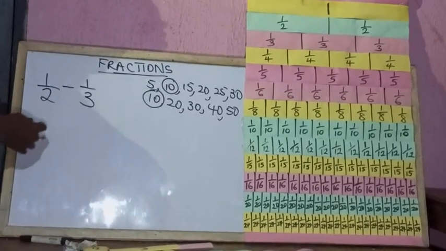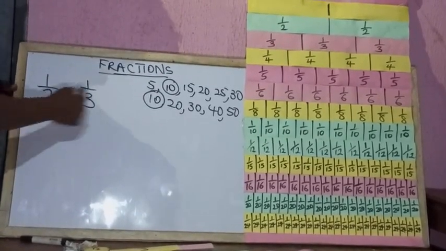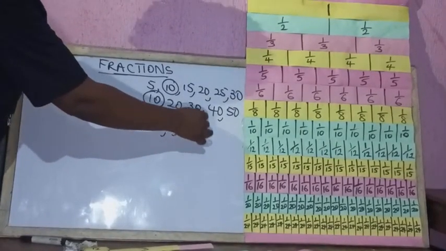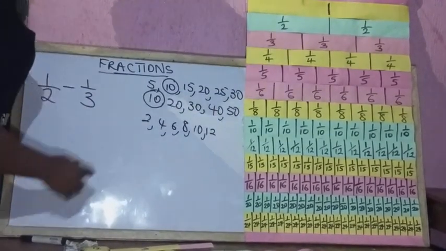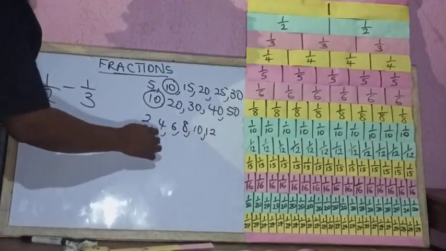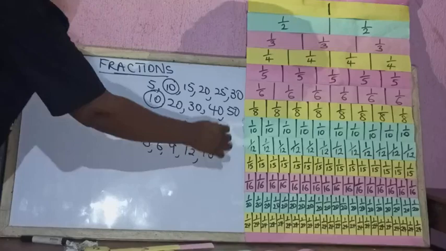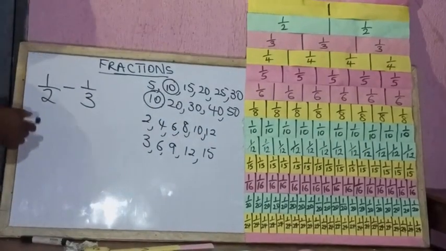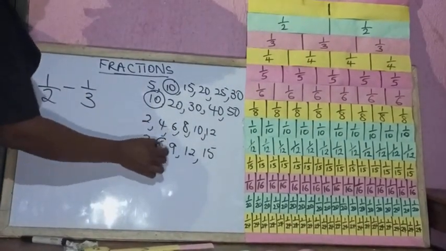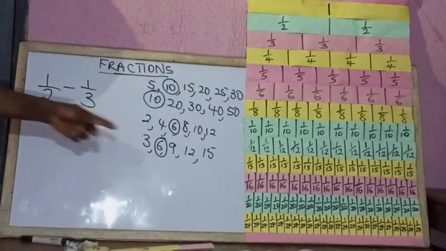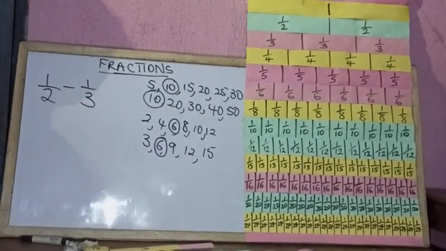So 1 over 2, once again, the multiples of 2 are 2, 4, 6, 8, 10, 12, and so on. While multiples of 3 are 3, 6, 9, 12, 15, and so on. So the multiple that is common is just 6. 6 is what is common to both 2 and 3.